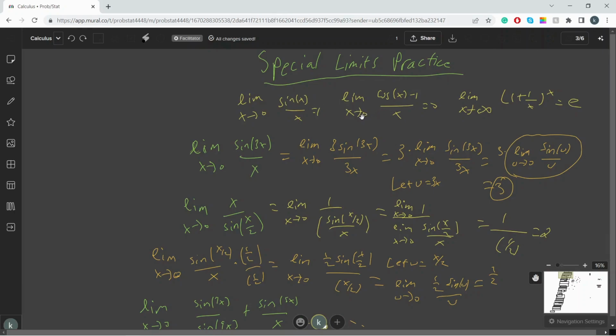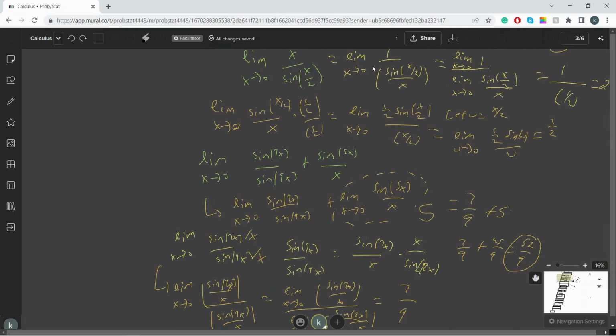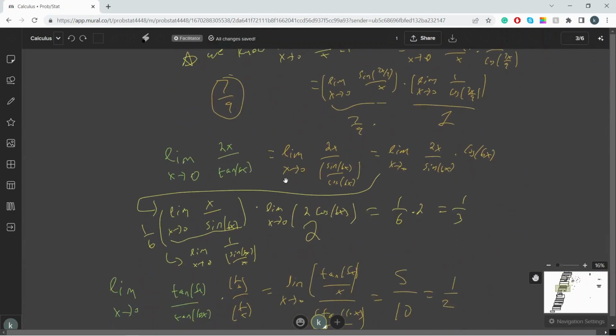So we can't just make a sine magically appear and hope that our problem is solved, right? So these two special limits are off the table, which means that the limit left we're going to consider is this third limit right here. The limit as x approaches infinity of the quantity 1 plus 1 over x raised to the x approaches e. And that's the limit we're going to be using to solve this problem down here.